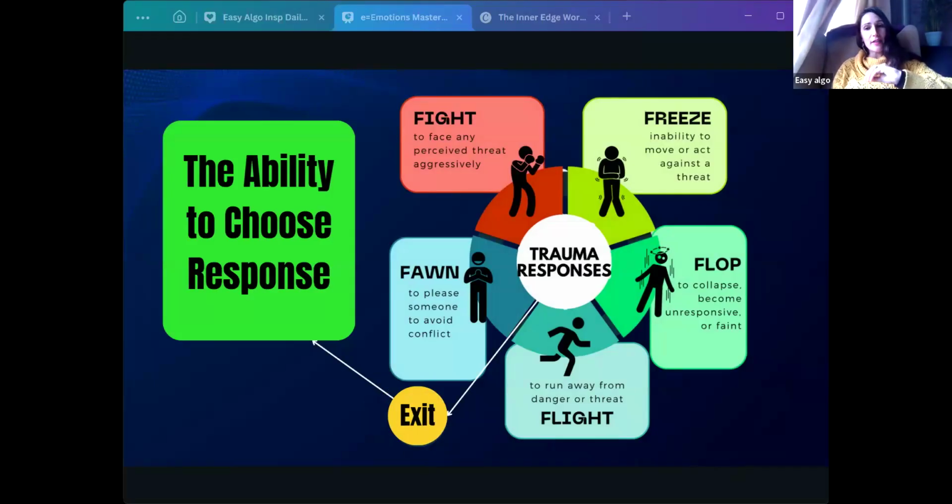So when we find ourselves there, just a quick refresher for your brains, we've actually added one here, one I discovered quite recently, the flop. Which is quite funny. So a lot of us get physical sensations like a headache where we literally can't look at the screen anymore. We get sick, we burn out, and this is that flop, like, oh, I'm fainting, I can't, I'm out.